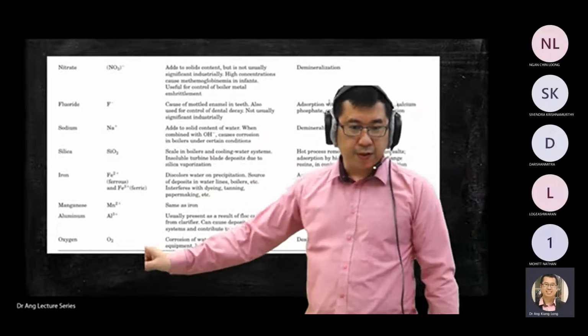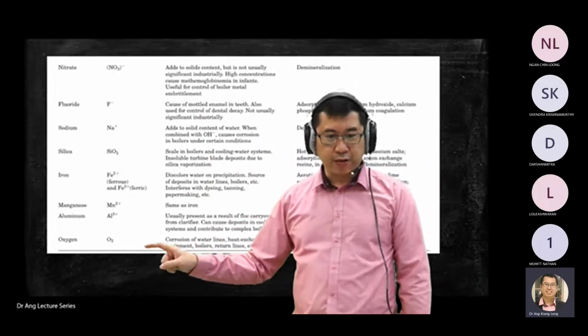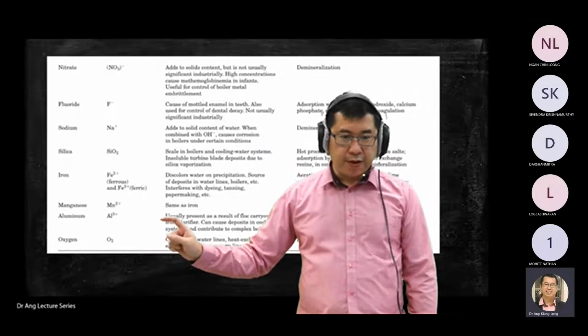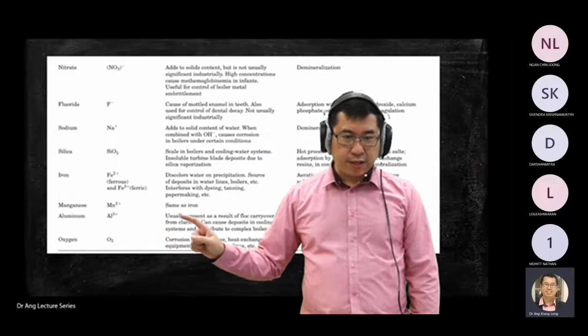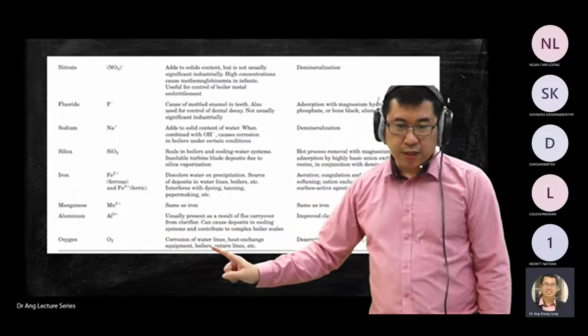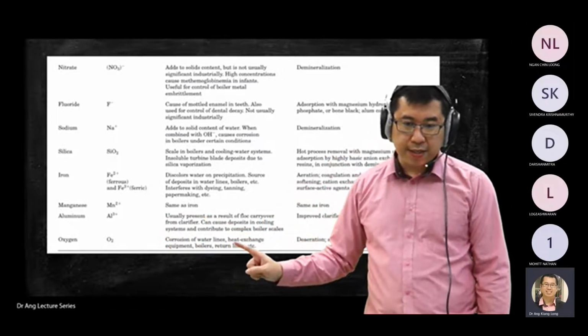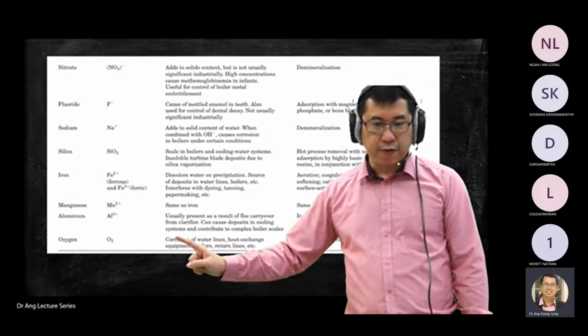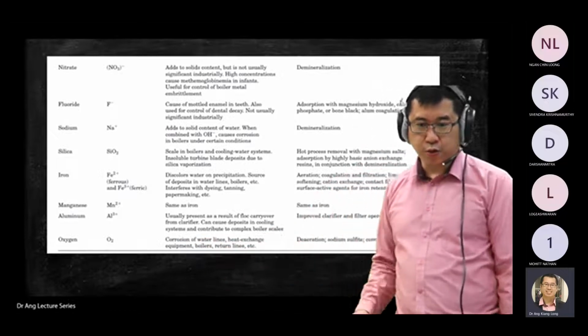For example, oxygen. I'd like to highlight because this is a very popular element. If you have oxygen, then corrosion in the water lines, heat exchange equipment, boilers will have problems. If you have too much oxygen, also not good.